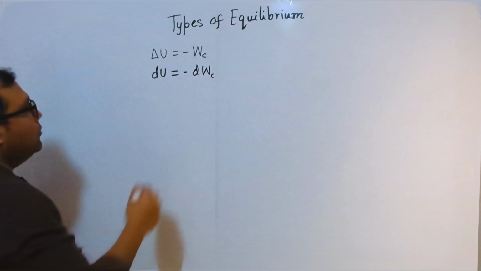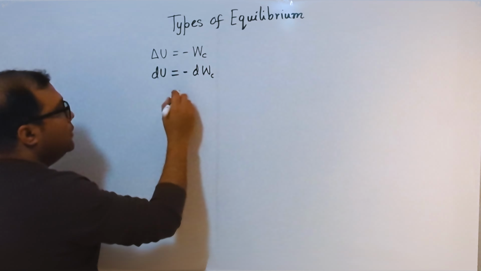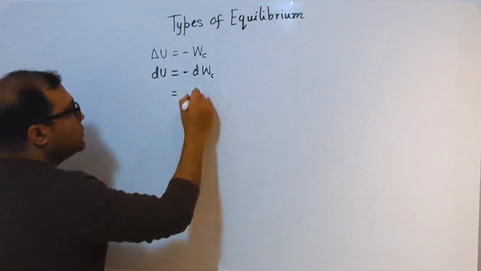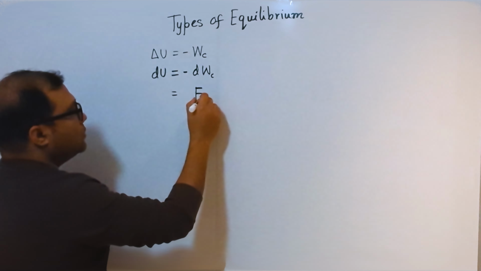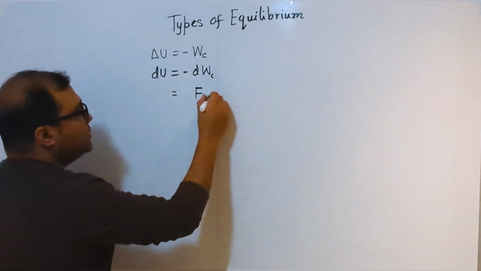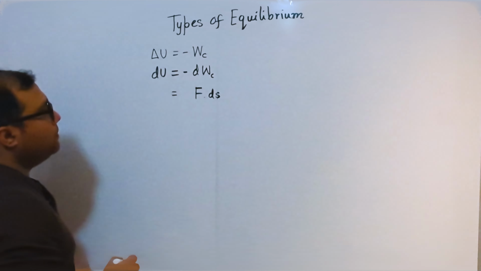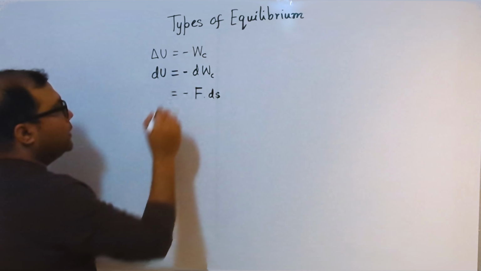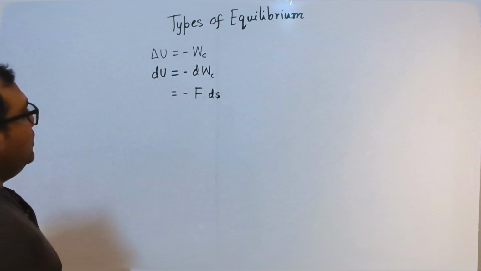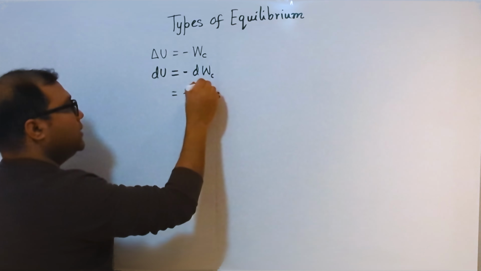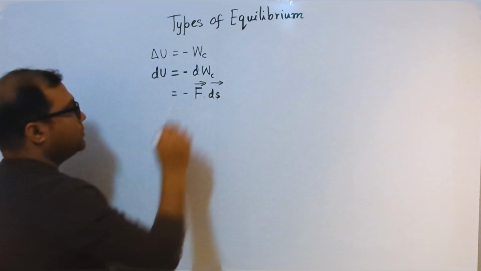Now, what's the definition of work done? Work done is force times displacement, or the dot product of force and displacement. So we can also write this in vector form as F dot ds.